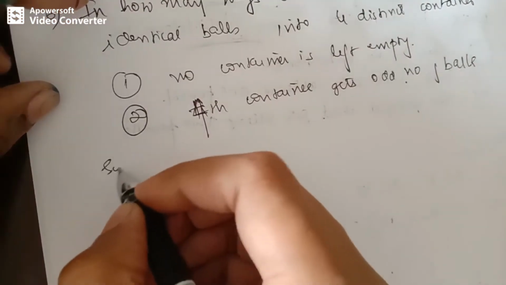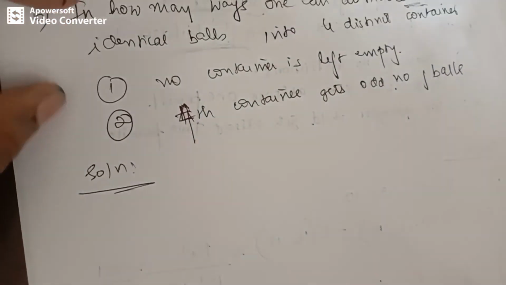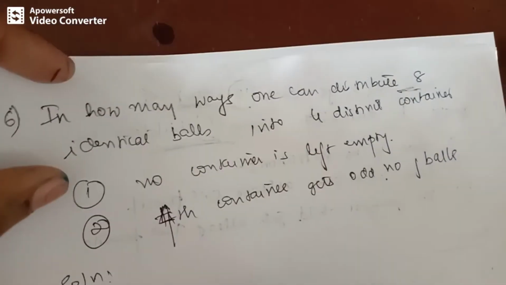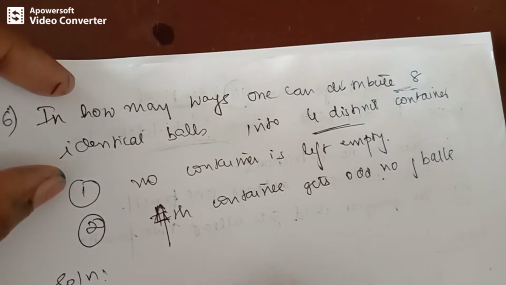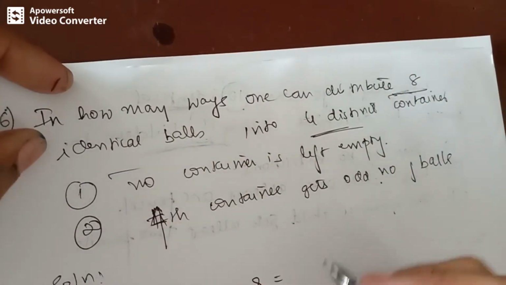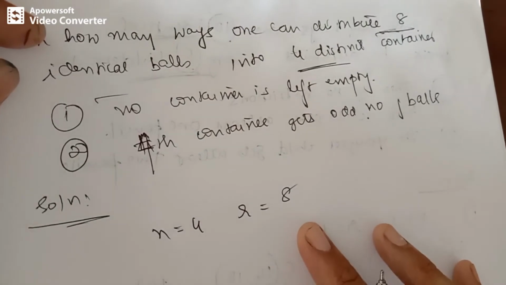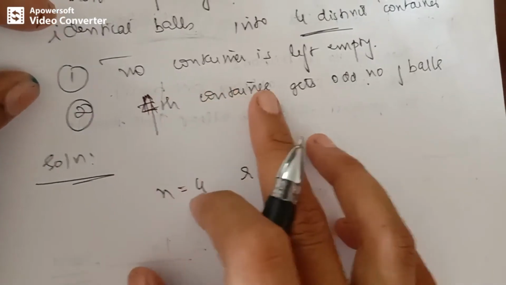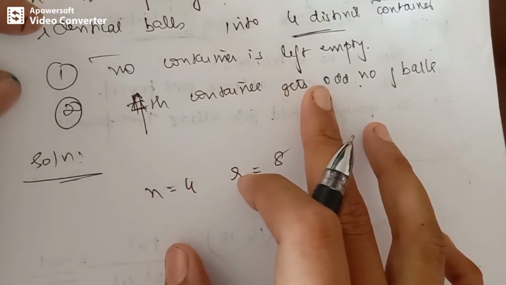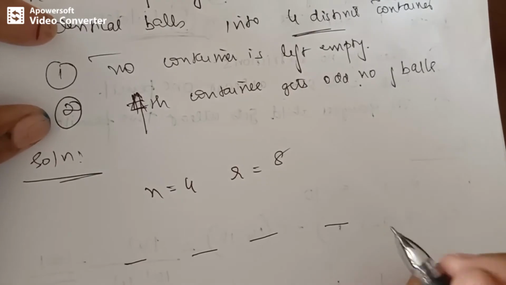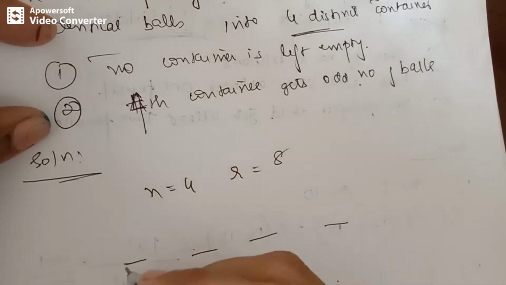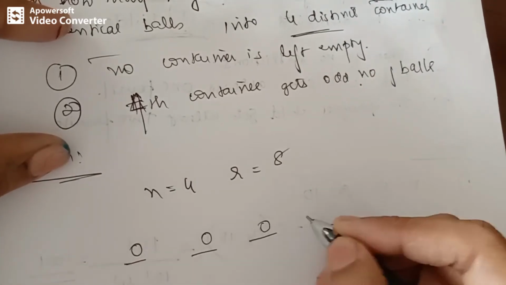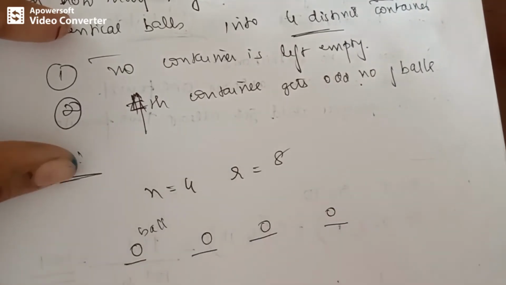Coming to the first sub question, there are 4 containers and 8 identical balls. This is the criteria for distribution. But as per the first question, no container should be left empty. What does it mean? There are totally 4 containers, so let us distribute at least one ball in each of those 4 containers.